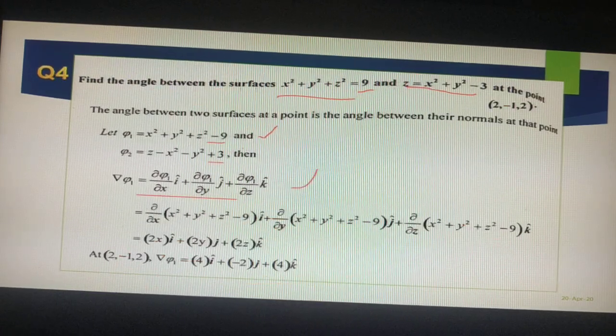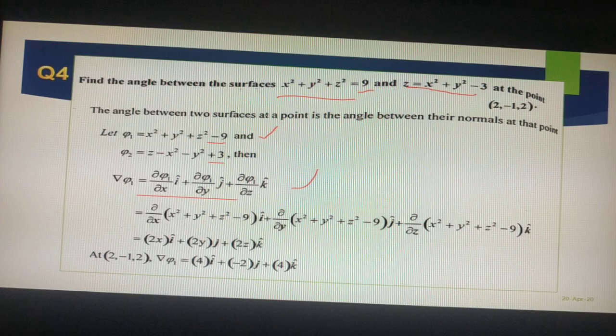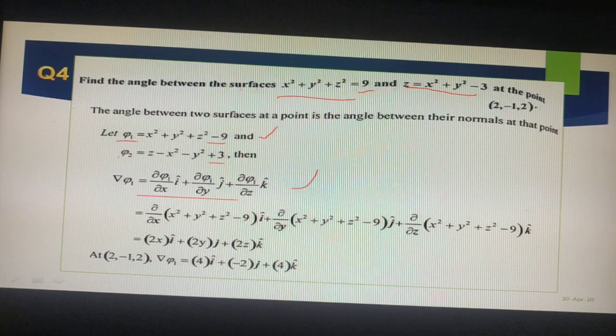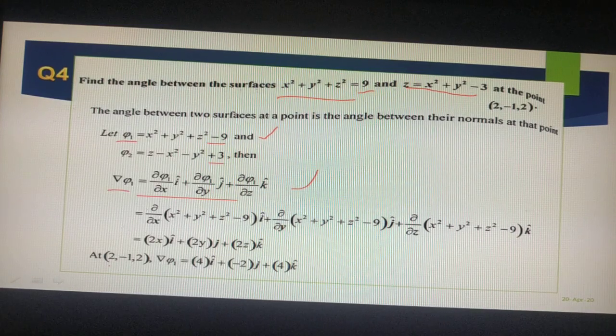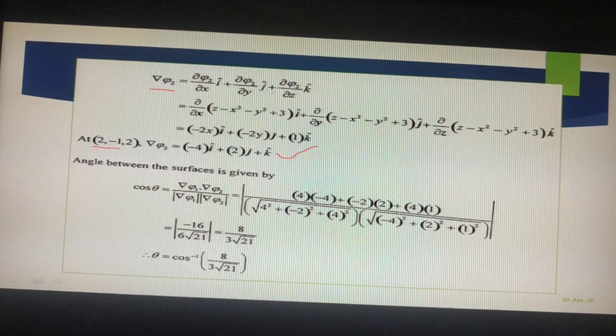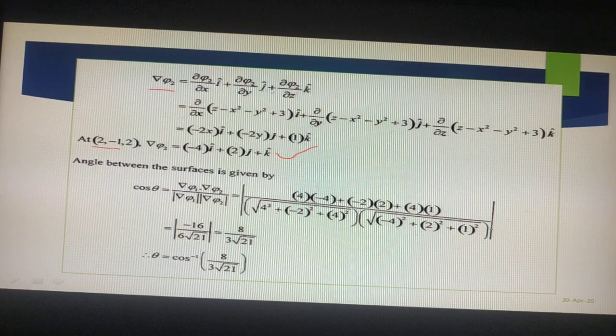Right. So this is your pi 1, because here there are two surfaces, and each surface we are representing with a different function. Then I am finding del pi 1 at this point, and we got this vector. Similarly, del pi 2 at this point, we got another vector. So we have del pi 1 and del pi 2, and we need two unit normal vectors.